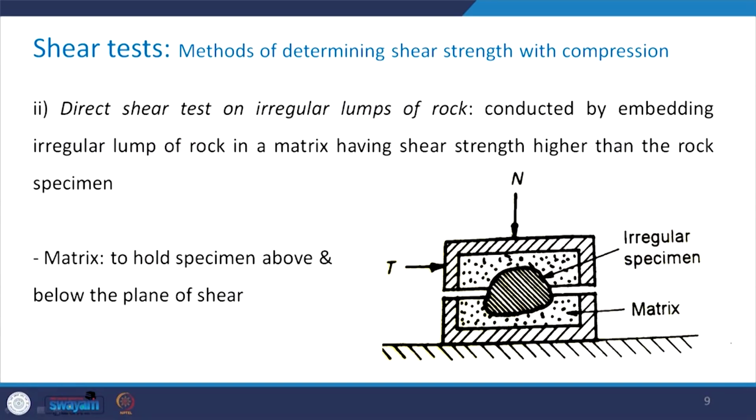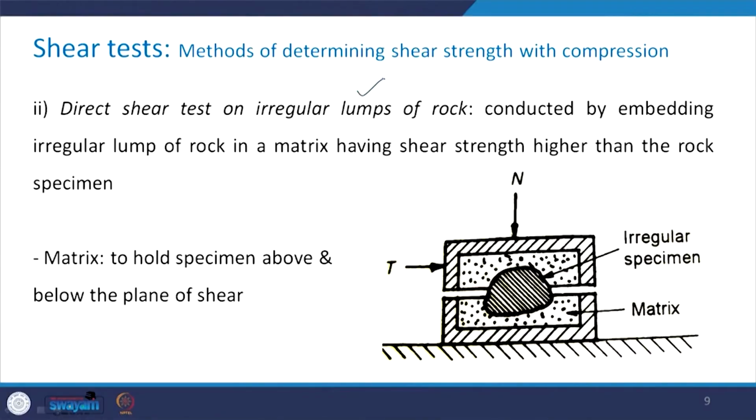This was all about the direct shear test on the jointed specimen. If it is not possible to extract a regular shaped specimen, then direct shear tests can also be conducted on irregular lumps of rock. These are conducted by embedding the irregular lump of rock in a matrix having a shear strength higher than that of the rock specimen.